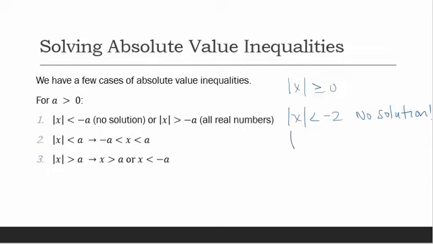However, if we had the absolute value of x is greater than a negative number like this, greater than -2, that will always happen because the absolute value of x is always greater than or equal to 0. So this has an infinite number of solutions. I'll just say all real numbers.